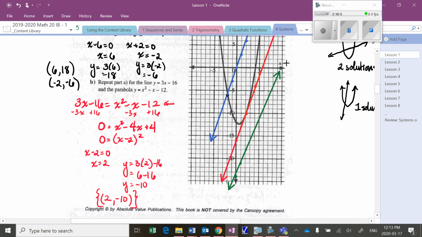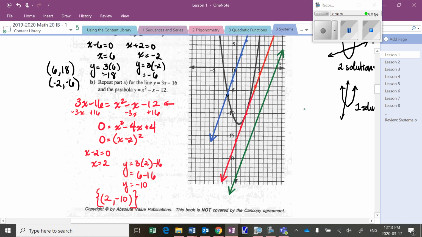So why is this worth continuing? Some of you might be asking, why are we going to continue going through the rest of the solution, if we can already see graphically that it's going to have 0 solutions?